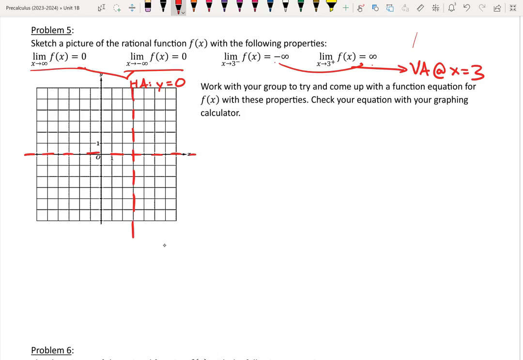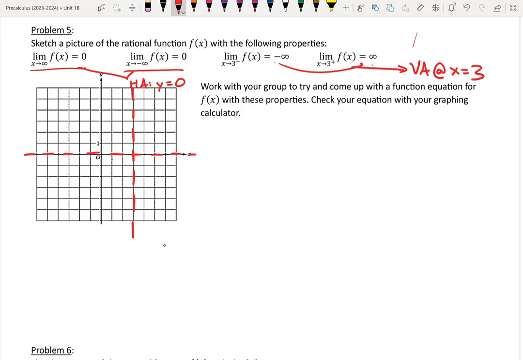And it says work with your group. So this obviously video I can't work with group, but regardless, we're going to come up with a function equation for f of x with these properties.